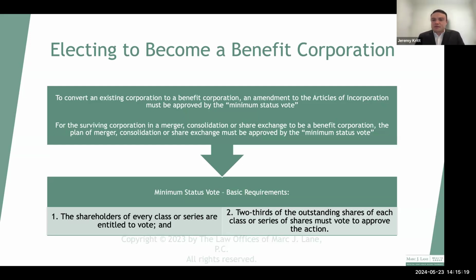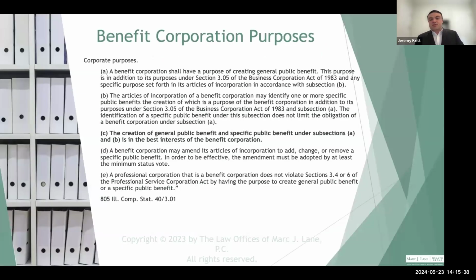To briefly summarize, under the minimum status vote, the shareholders of every class or series are entitled to a vote, and two-thirds of the outstanding shares must vote in favor of the action. That brings us to the first key feature of the benefit corporation, and that's purposes.